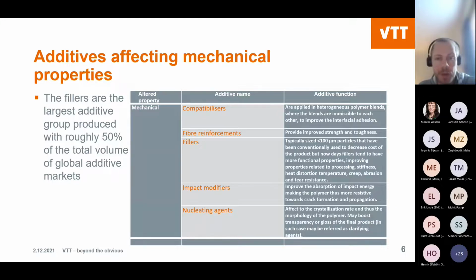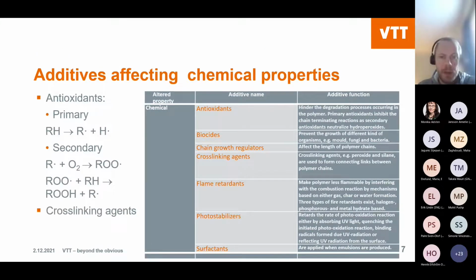Then impact modifiers that improve the material's ability to absorb the impact energy. And then nucleating agents are used to affect the crystallization rate of the polymer. Then additives affecting the chemical properties, and here of this category, the most important one is the antioxidants.